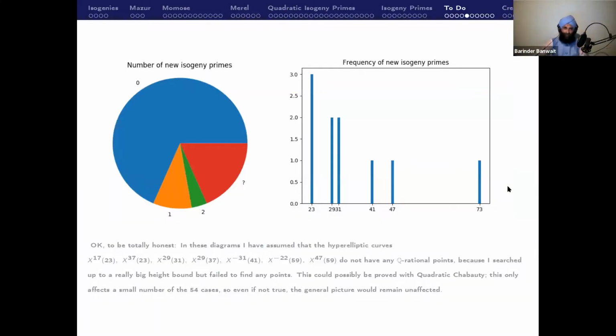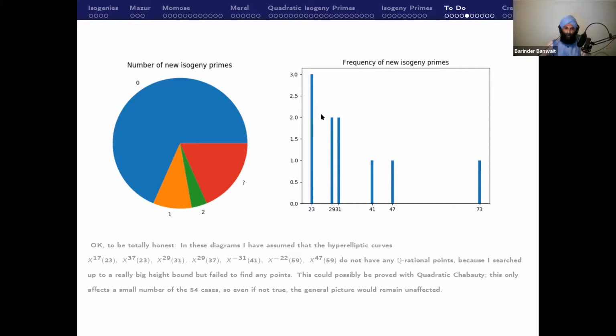And indeed, plotting some graphs shows it to be the case. In almost 3/4 of the cases, you don't get any new isogeny primes. You get a very small number of one or two extra isogeny primes. There's a whole slice of the pie that we don't know what's going on with, so this will be distributed among 0, 1, or 2. But yeah, it does look like these are pretty rare.